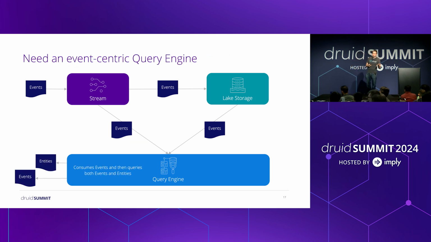But then this marries together with the idea of entities and events, because when we get back to modeling our problems, when we get back to modeling what we're doing with data, you need this query engine to be able to reconstitute entities just as much as you need it to be able to aggregate events. And you need to be able to use that engine for doing both, because both things are fundamentally useful, and different problems require different things.